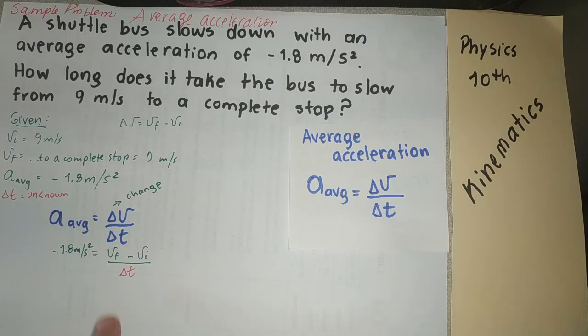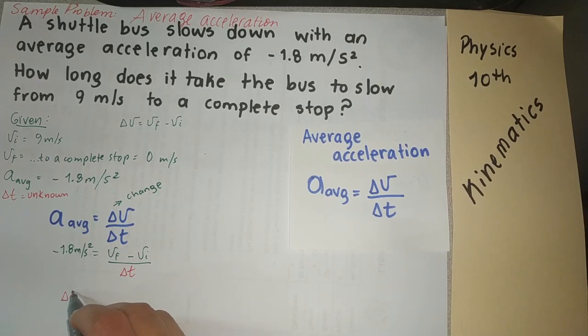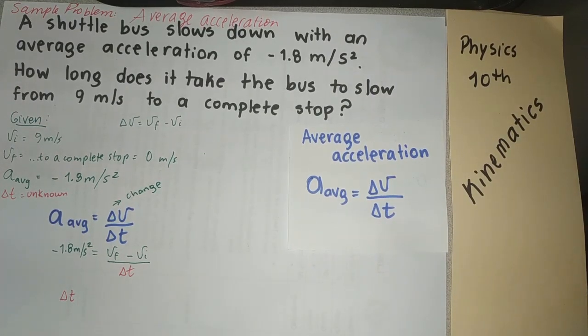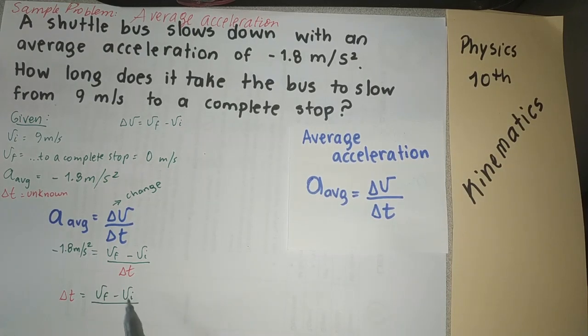So the equation to find delta time, or change in time, or that time, doesn't matter how you say it, is delta t equals final velocity minus initial velocity divided by average acceleration.